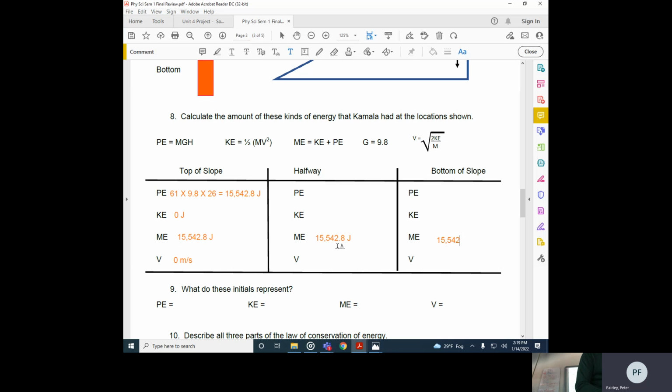Once you've calculated it, you don't have to calculate it again. What about halfway down? Potential energy. What do I do? Since it's halfway, I divide that mechanical energy by 2, correct?